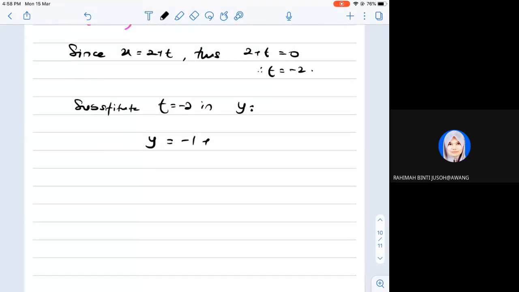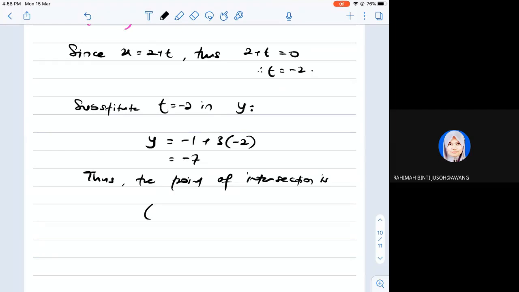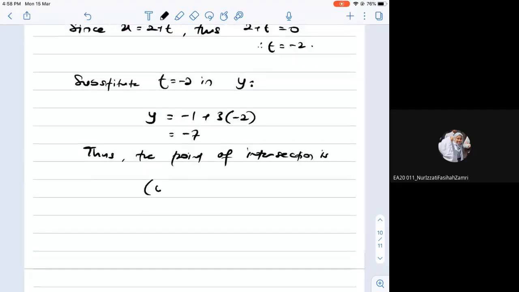Negative 1 plus 3 times negative 2. That is negative 7, right? Thus, the answer, the point of intersection, is what this time? 0, negative 7. Yes, very good. 0, negative 7.